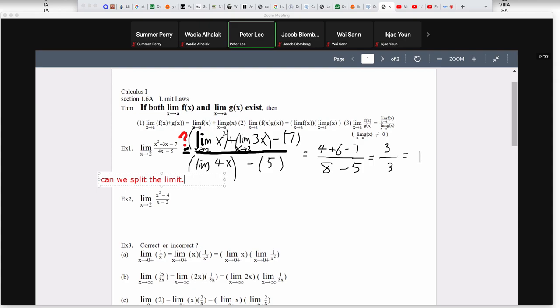Yes, we can, because the result comes up in 1. We get a nice number. We don't get any trouble. This is the basic rule: after you split the limit, if you get any of the indeterminate forms, then the split is invalid.